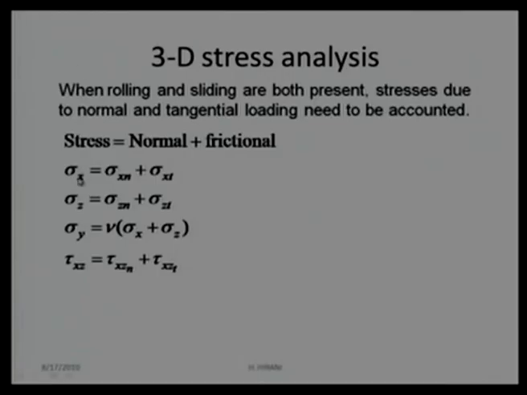In that case, stresses can be calculated: stresses due to the normal force, and stresses due to the tangential force, that is the frictional force. Similarly, sigma z, the normal stress in the z direction, will be due to the normal force in the z direction and compressive stresses due to the tangential force.